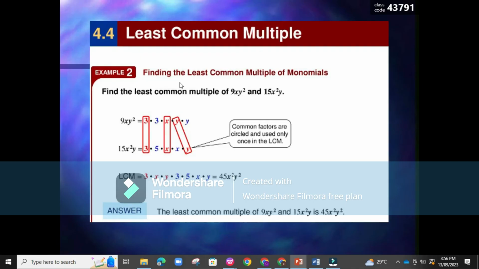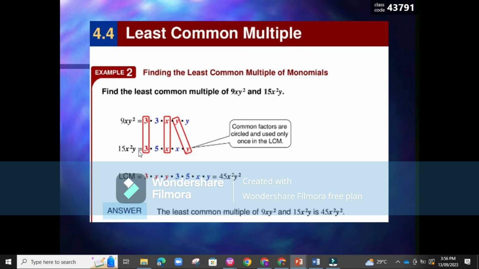Okay, next. Another example. Find the least common multiple of 9xy squared and 15x squared y. For the prime factorization, we have 3 times 3, then times x times y times y. You can do it like this, or you can just write y squared.